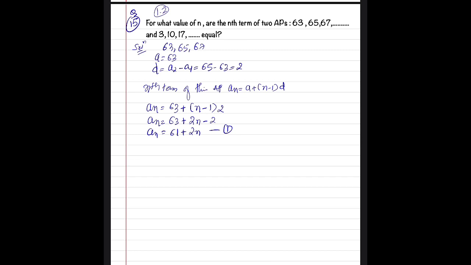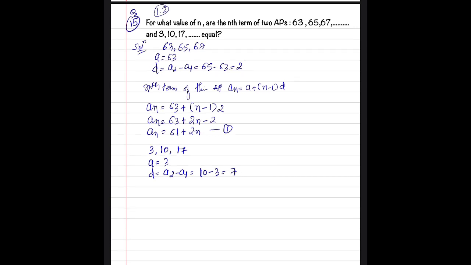Similarly, you take the second AP, that is 3, 10, 17. Here the first term is 3, and the common difference is a2 minus a1, 10 minus 3, which is 7. Now, for the nth term of the AP, the formula is an equals a plus n minus 1 into d.